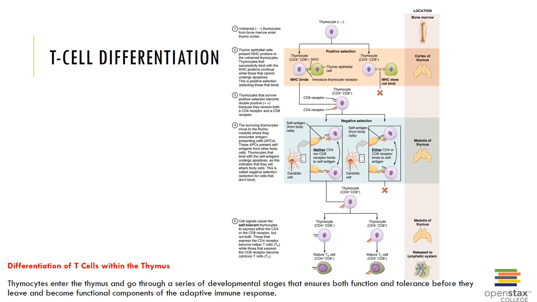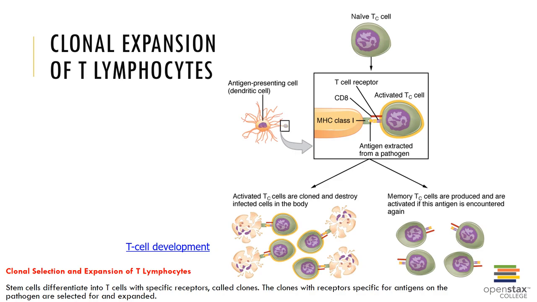These cells will differentiate to form cytotoxic T cells, suppressor T cells, and memory cells. And here you can also see that process outlined showing the clonal expansion of the T lymphocytes.